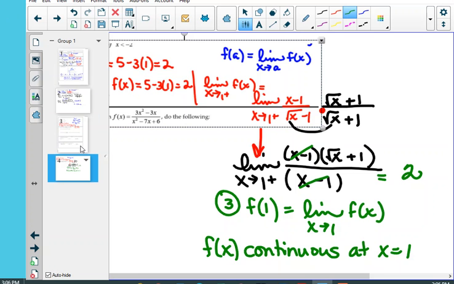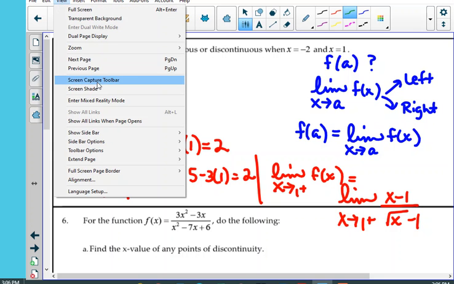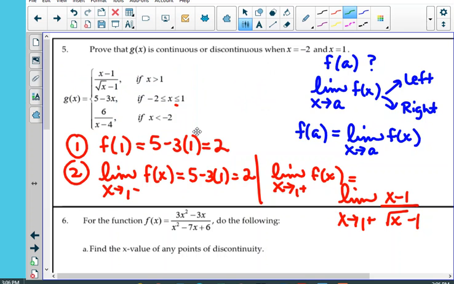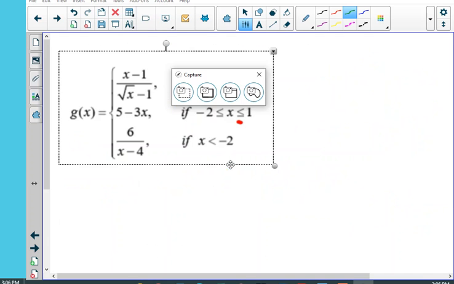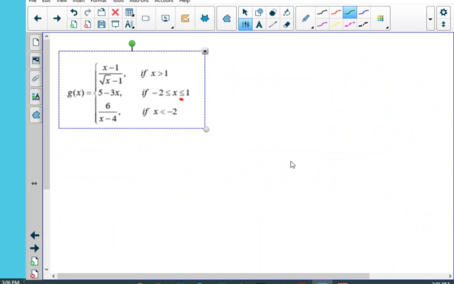Now, I'm going to go through the exact same process, but for the -2. So I'm going to grab this whole function, send it to a new page, so we have room. And so now let's do the -2 proof. Right. f of -2 is 5 minus 3 times -2, or 11.